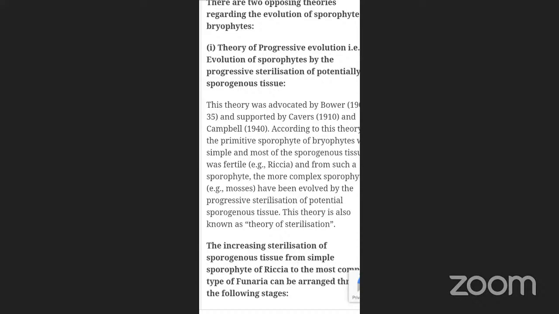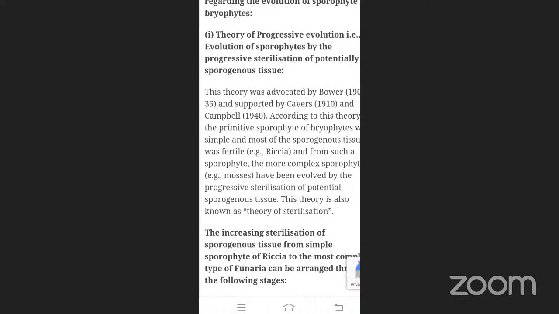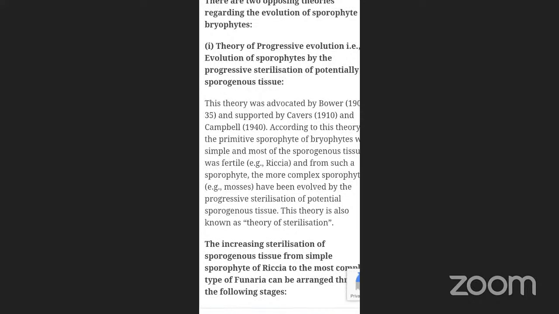According to Bower, the series of sporophytes of the bryophytes show a natural advance in progressive elaboration and complexity. Here there is progressive sterilization of potentially fertile cells: instead of forming spores for propagative purposes, they remain sterile.